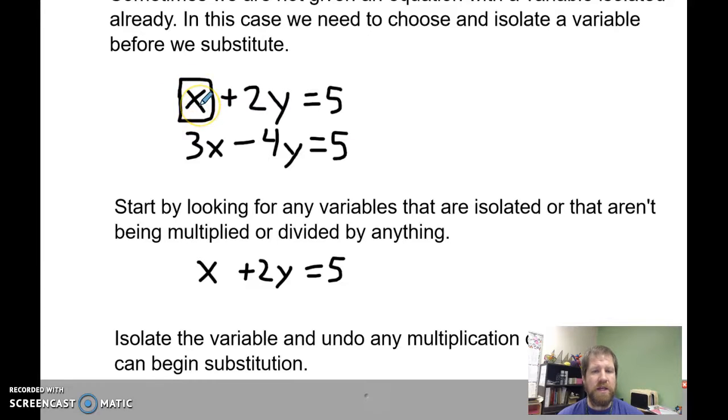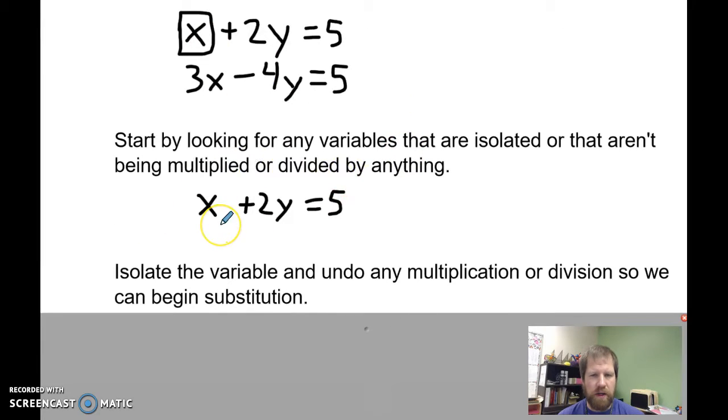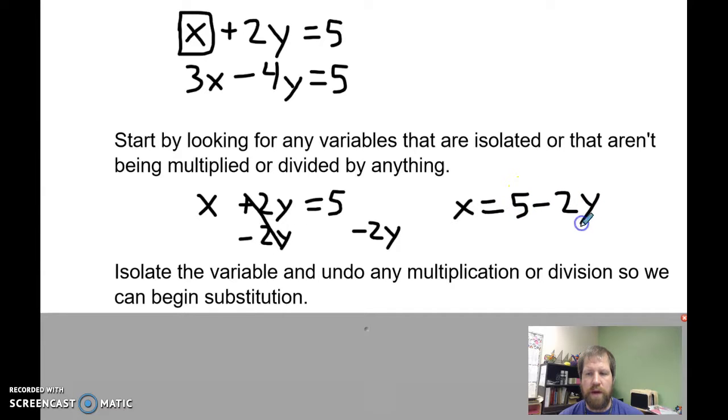So that's going to be the easiest one to isolate so I can find out what x is equal to. It's pretty straightforward, same thing we've been doing. We want to get x alone, so we're going to move positive 2y by subtracting 2y from both sides. That'll cancel, and we're left with x is equal to 5 minus 2y.